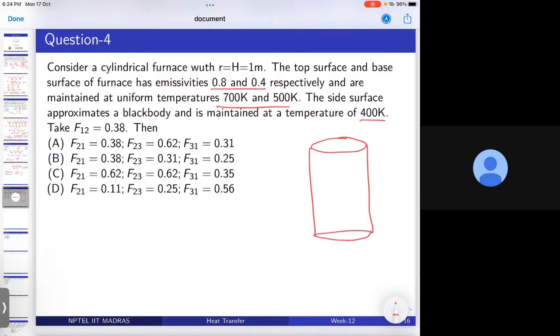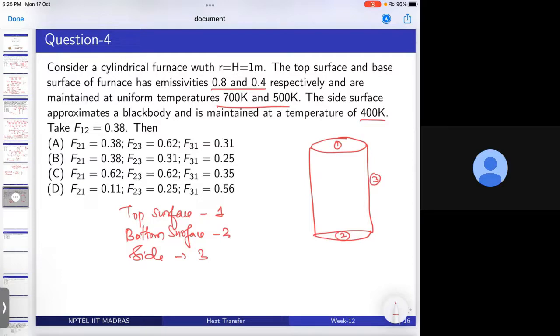This is a cylindrical furnace, and this is the top surface. The top surface I am marking as 1, and the bottom surface, the base, I am marking as 2, and the side I am marking as 3. These are the sides.